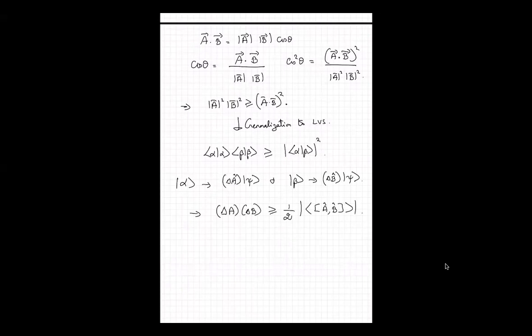Now this is a very, very important relationship called the uncertainty principle in quantum mechanics. So we will discuss a little more of this in the tutorial problem.